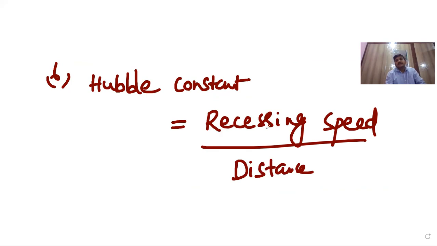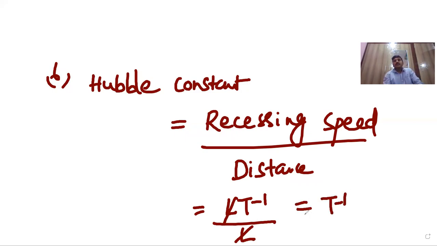Recession or recessing, both are the same. Recession speed to the distance, which is equal to the speed. Velocity has dimensions L T minus 1. Distance is L. This L by L goes out. Finally, T minus 1 is the complete dimension formula.